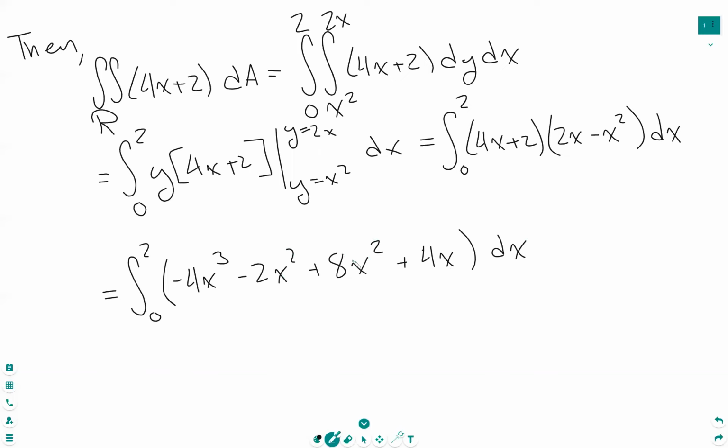Of course, we can simplify this a little bit. This is just going to be plus 6x squared. So we go ahead and integrate this. This is negative x to the 4th plus 2x cubed plus 2x squared evaluated when x is equal to 0 and x is equal to 2.